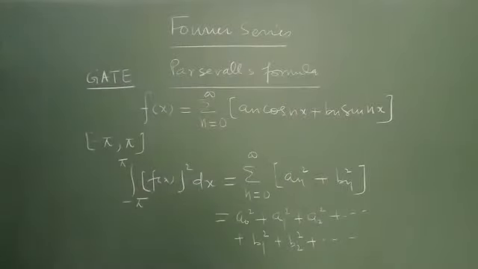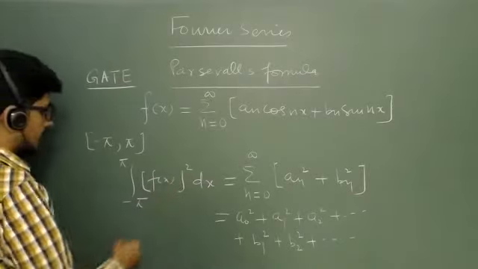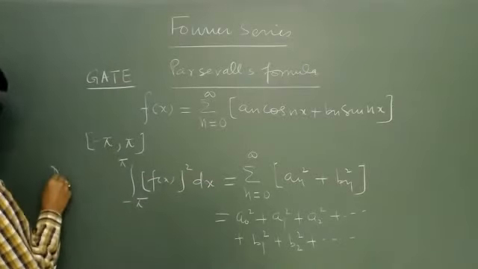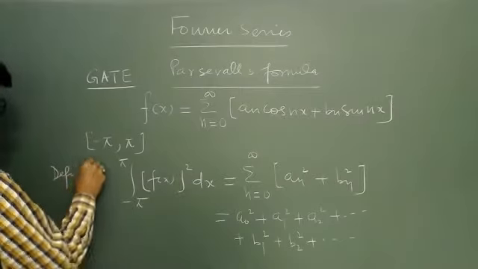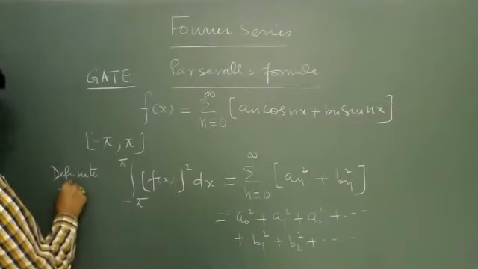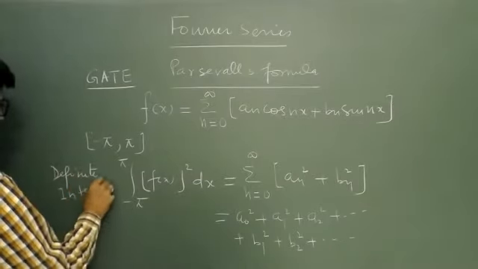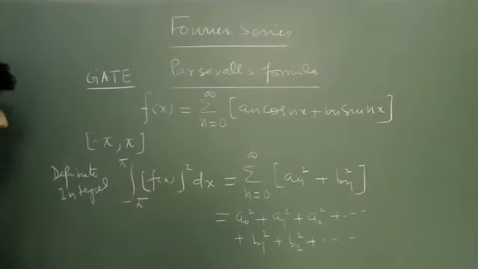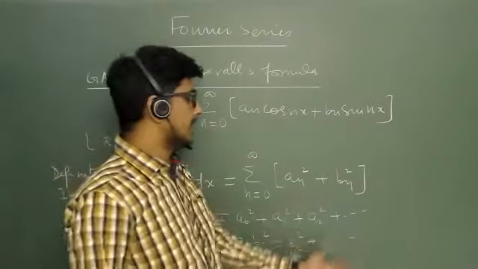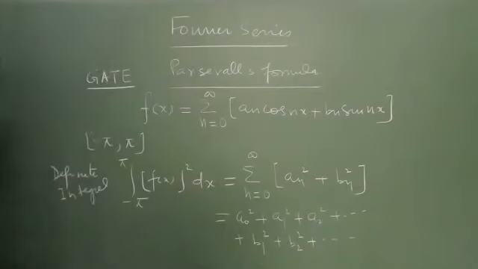It is the integral from minus pi to pi of f(x) square dx. So this is a definite integral, so obviously you will get this answer as a number, and the right hand side is an infinite number of coefficients, so that will give you an infinite series.